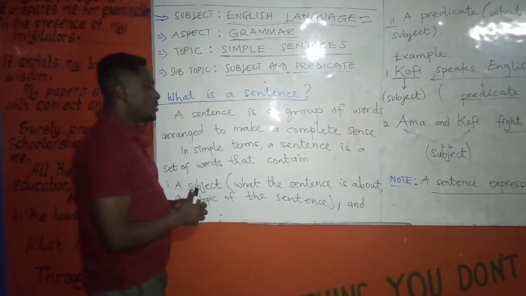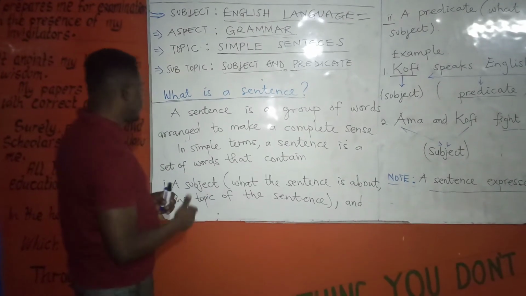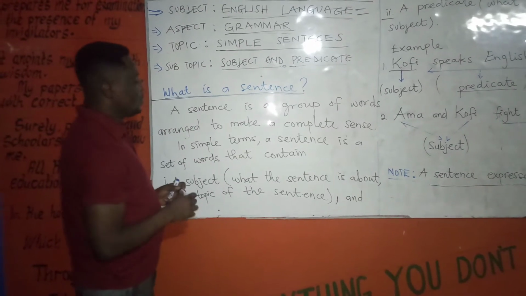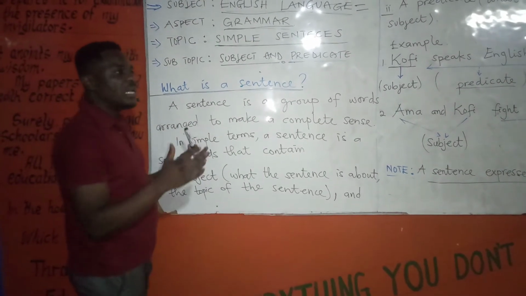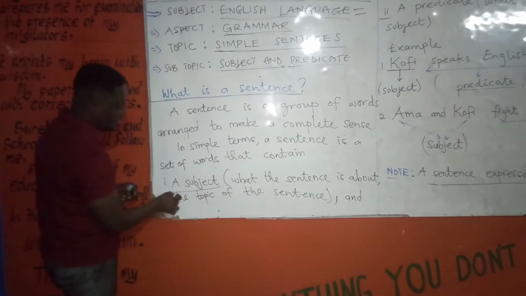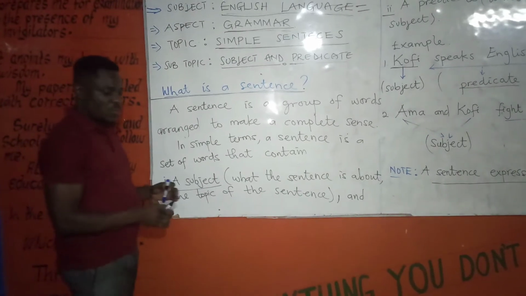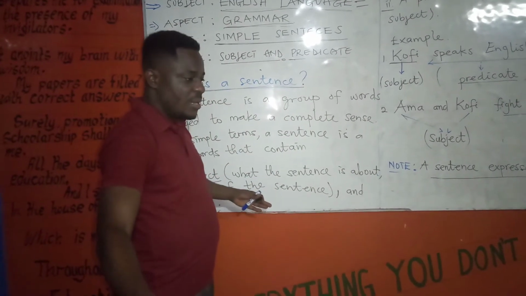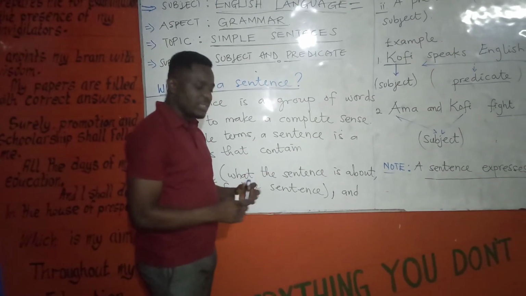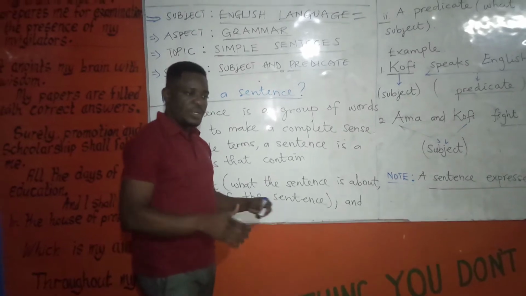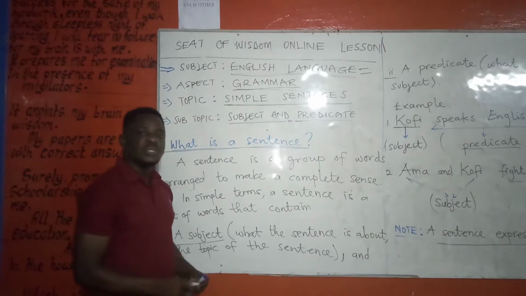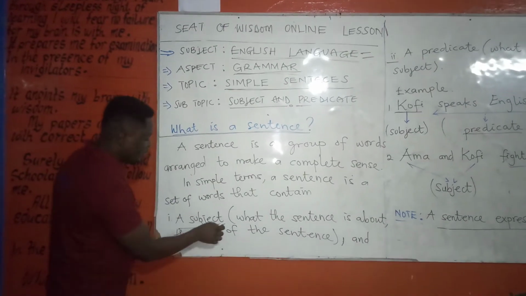In simple terms, a sentence is a set of words that contain two things. The first aspect is a subject. When words are put together and the words contain a subject, we are gradually getting to a sentence formation. So when you see a sentence, you should be able to identify a subject.